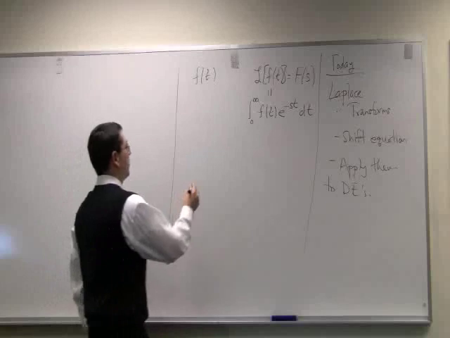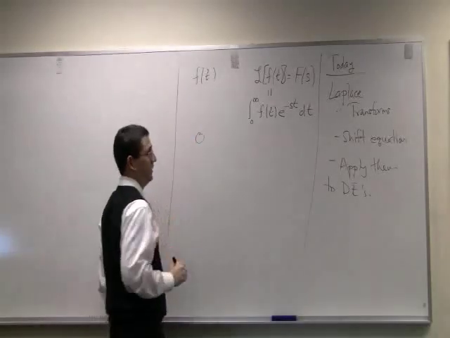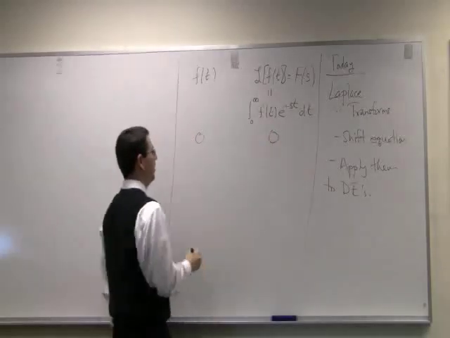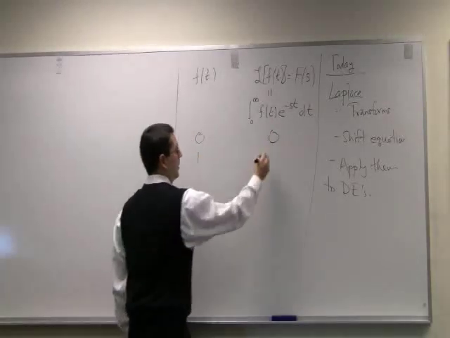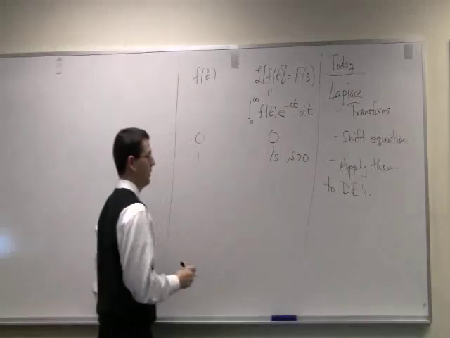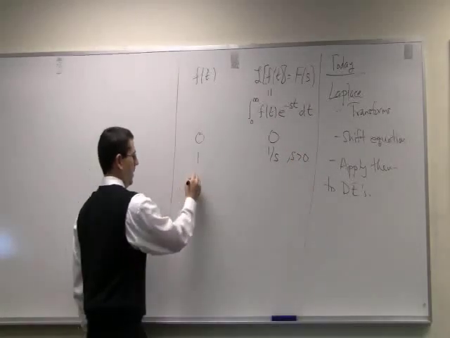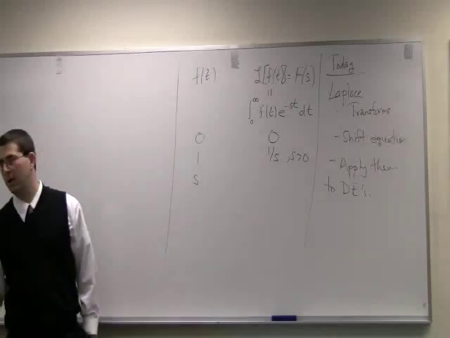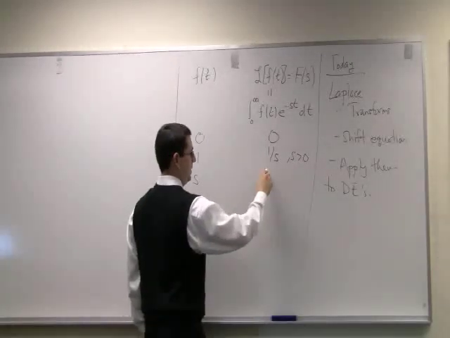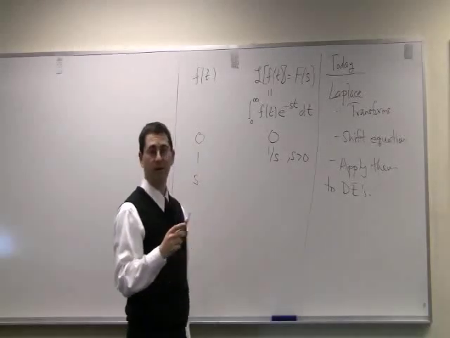Okay, and then we worked some examples. For instance, we said if you start with the function 0, then the Laplace transform is 0. If you have the function 1, you got 1 over s, for s greater than 0. And we remember what t became? 2 over s squared? Is that right?